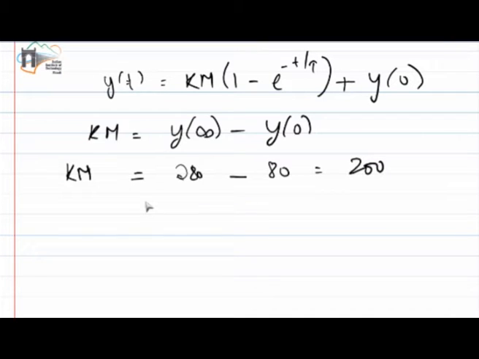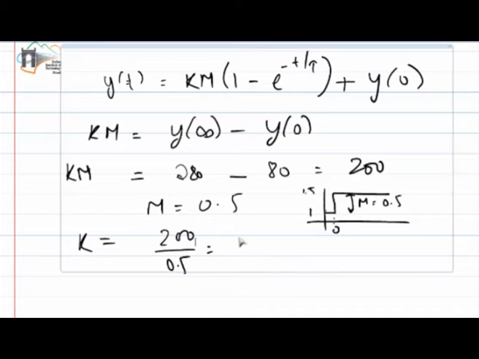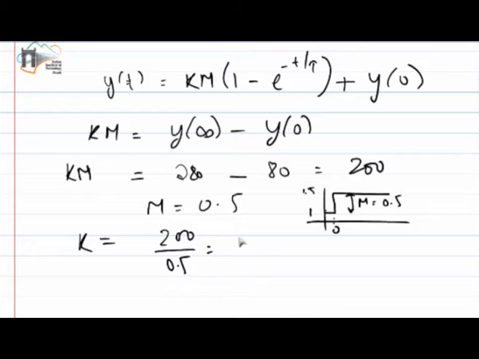Now I know that m is 0.5 because it makes a transition from 1 to 1.5. So this m is 0.5. I can compute the value of k, and this is 400.